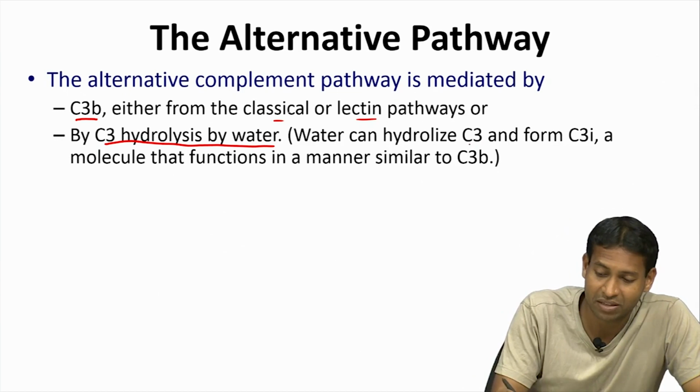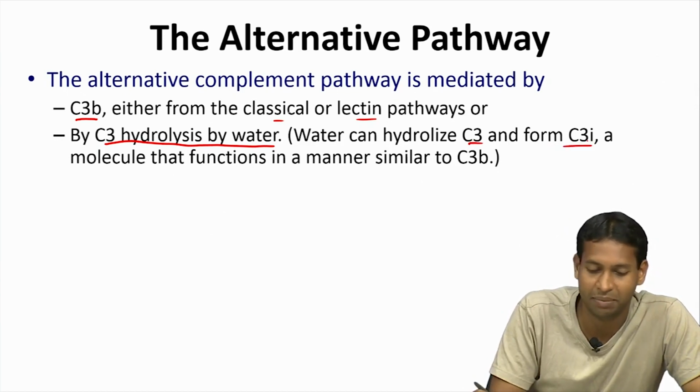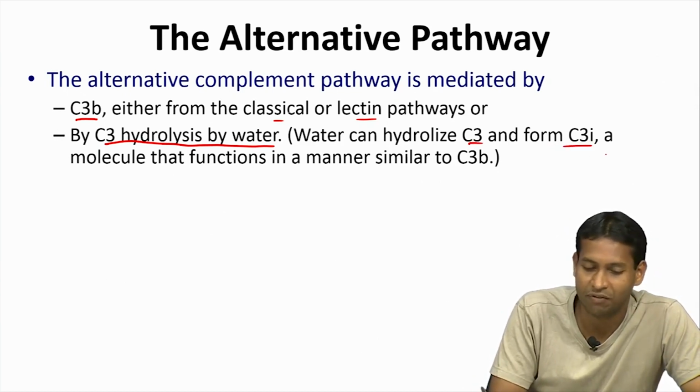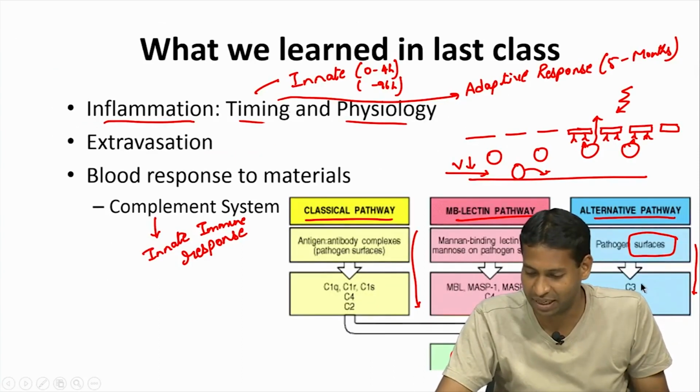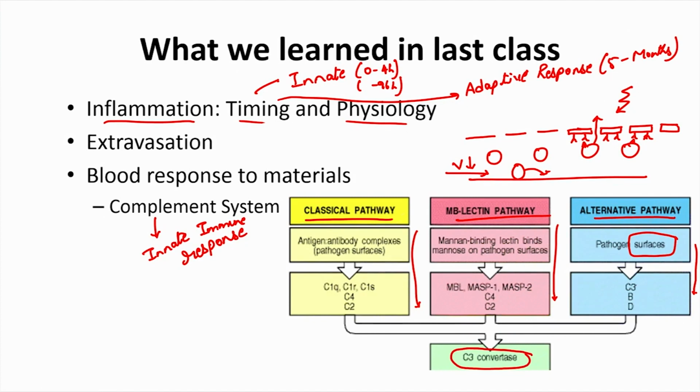Water can hydrolyze C3 and form a C3 intermediate, and this molecule functions in a very similar way to C3b. So if I go back, C3 is the major activating protein, and C3b particularly is responsible for this alternative pathway to get activated.